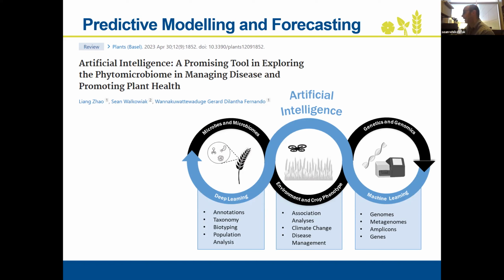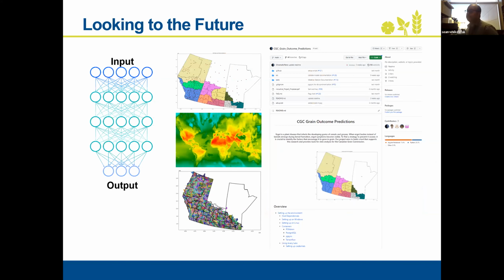So we've been applying machine learning and deep learning to our microbes and microbiome data on different wheat crops, combining this with environment data and crop phenotype data and our genetic and genomics data in these models to be able to predict different things. To give you an idea of what this looks like, you have your different inputs, and these might be station data for different weather stations across the different crop districts, and what the temperature and humidity was, or how much rain went, or even satellite data.